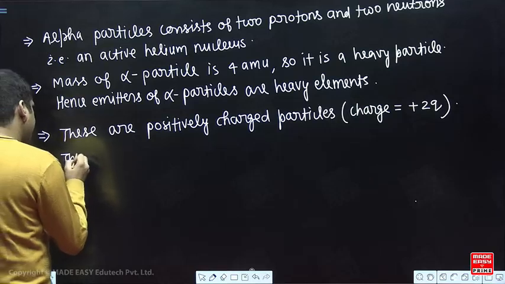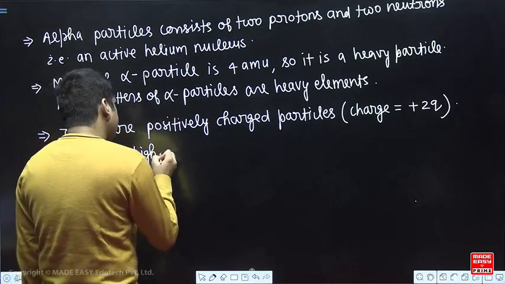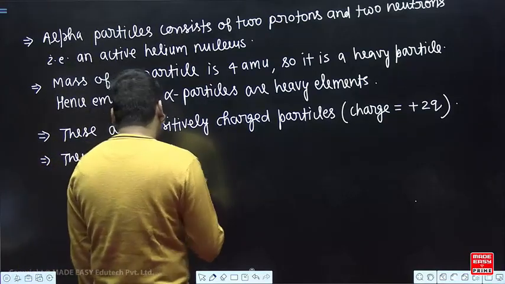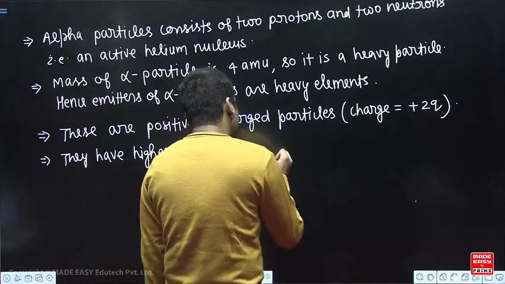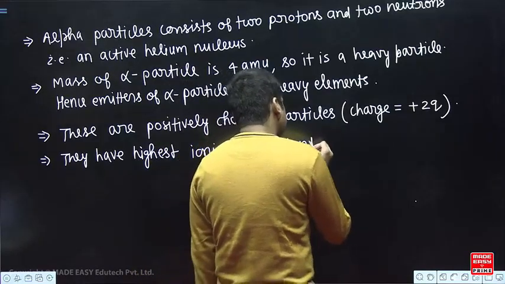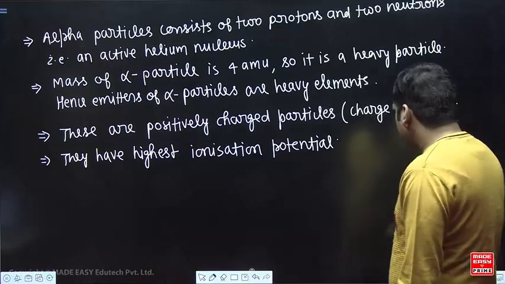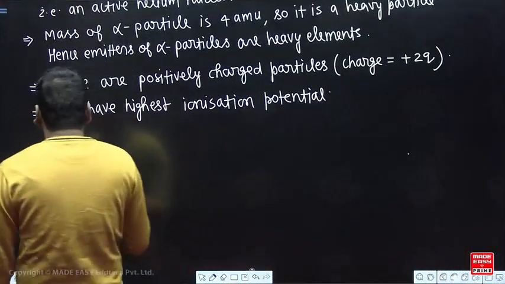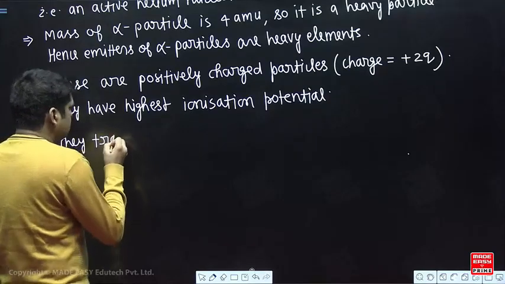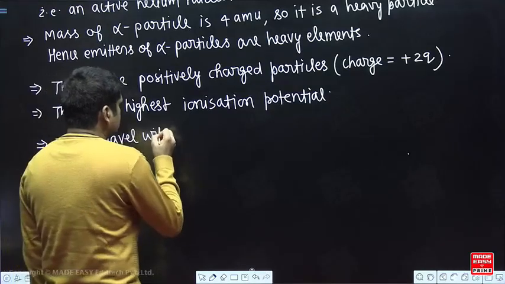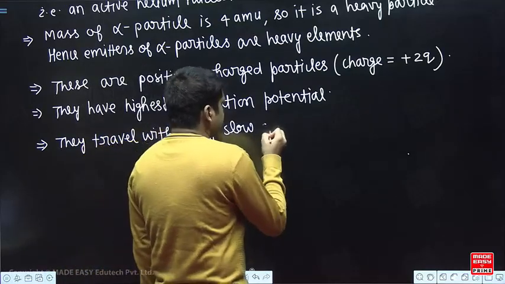They have the highest ionization potential. Highest means among these three. Ionization potential means capability to ionize. They travel with very slow speed.